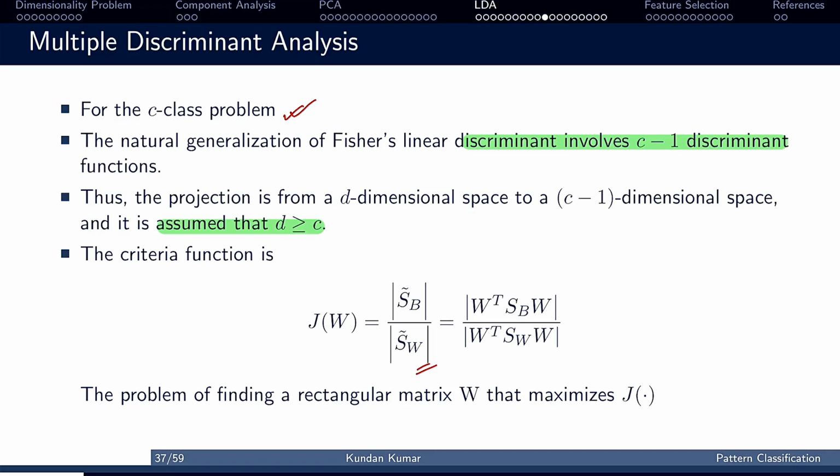So we need to find the rectangular matrix W for which this criterion function is maximized.